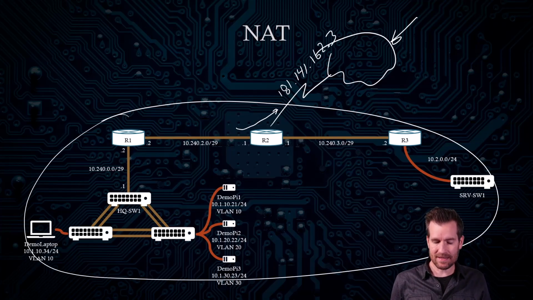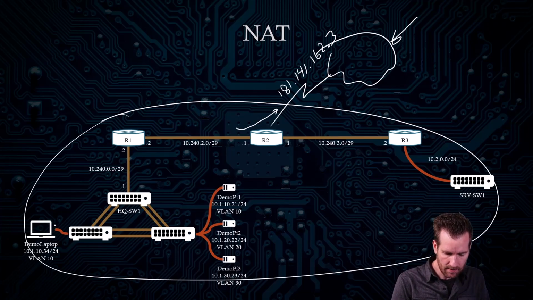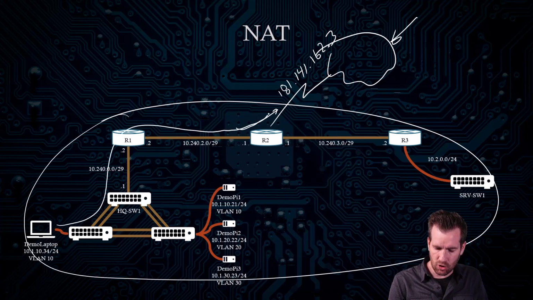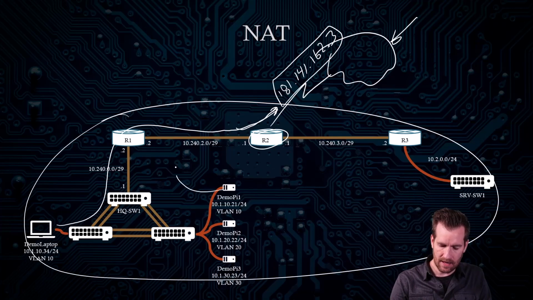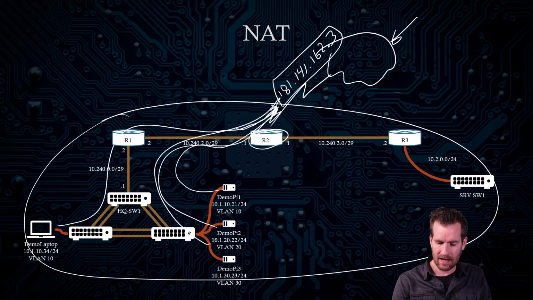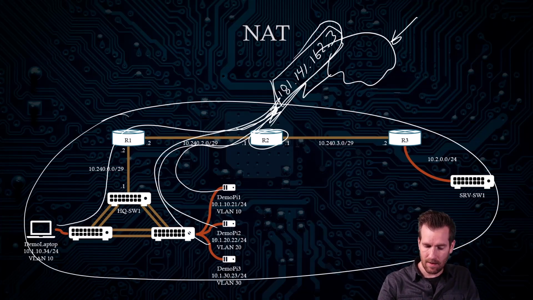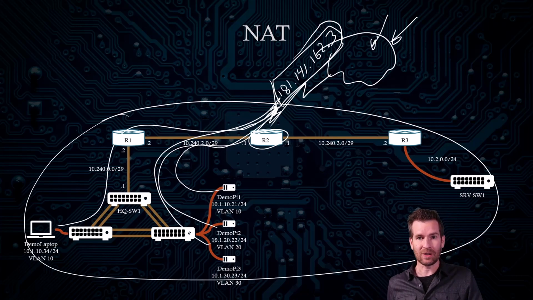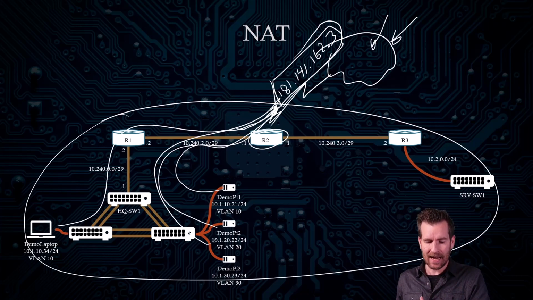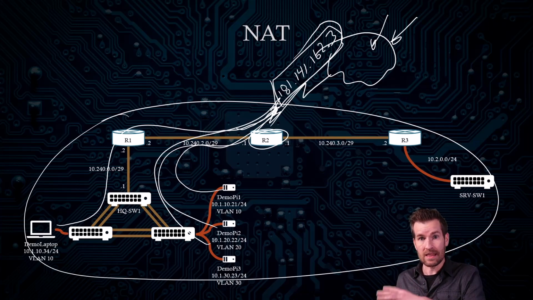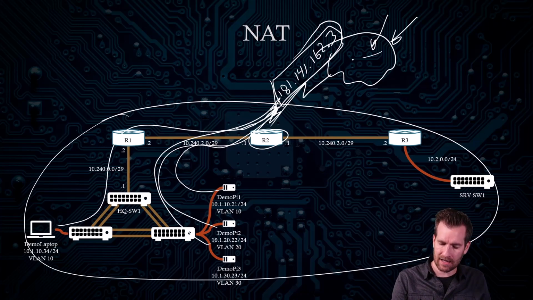Whatever is trying to reach out, let's say this laptop, gets translated as it goes outside this router 2 to this address right here. Same thing with maybe some of these other devices, which get translated through this one IP address. That IP address is addressable to the outside world, so any traffic on the internet will know how to get back to this public address.